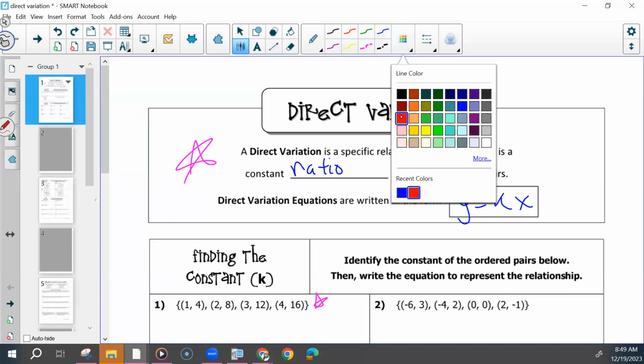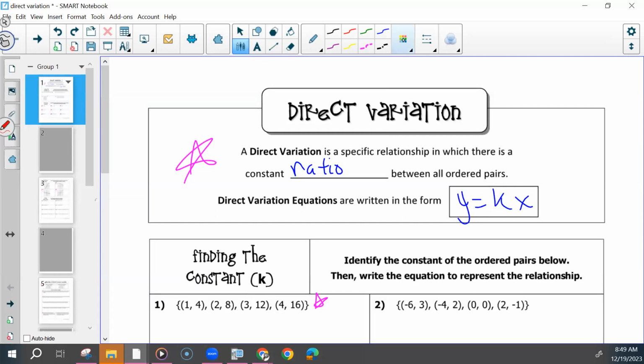If I were to take this equation and solve it for k, how would I get k by itself? Divide by x on both sides. So we have k equals y divided by x. That is the ratio that it's talking about. So we're going to use that ratio to find our constant k in this next piece.